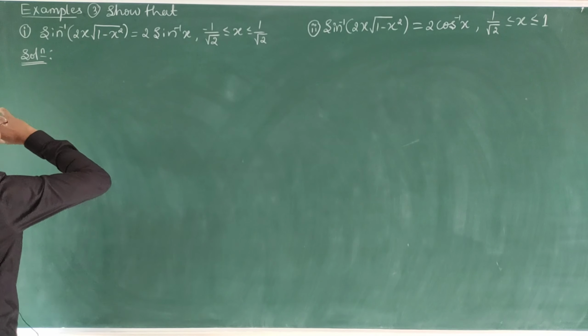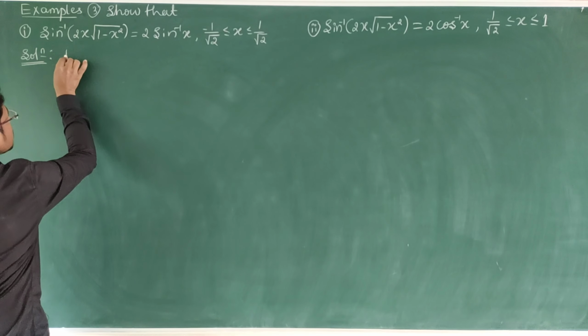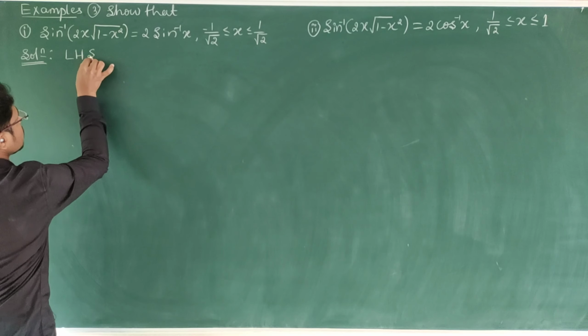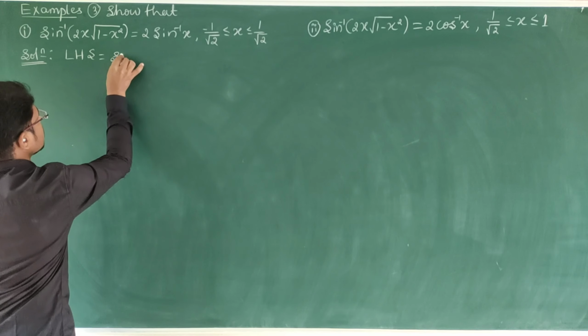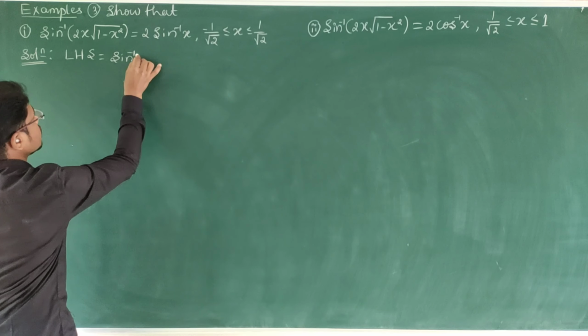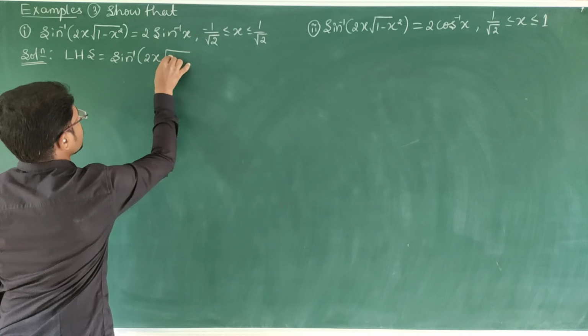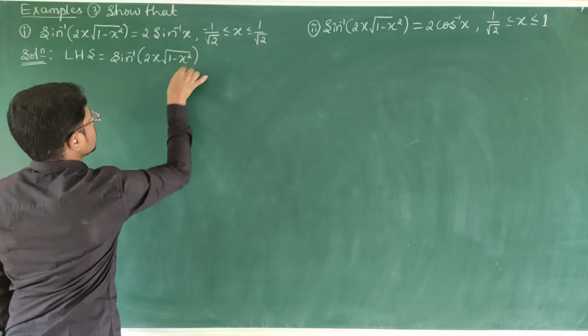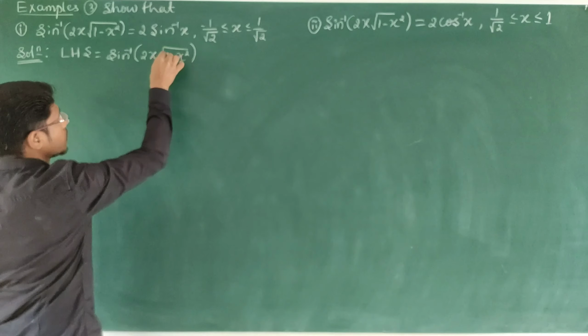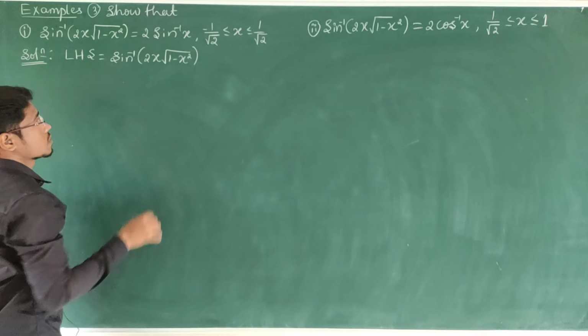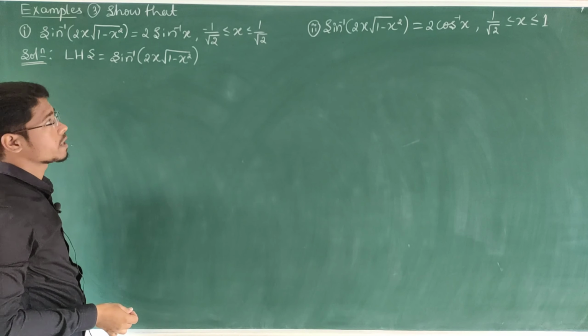Consider this LHS. Sine inverse of 2x square root of 1 minus x square.